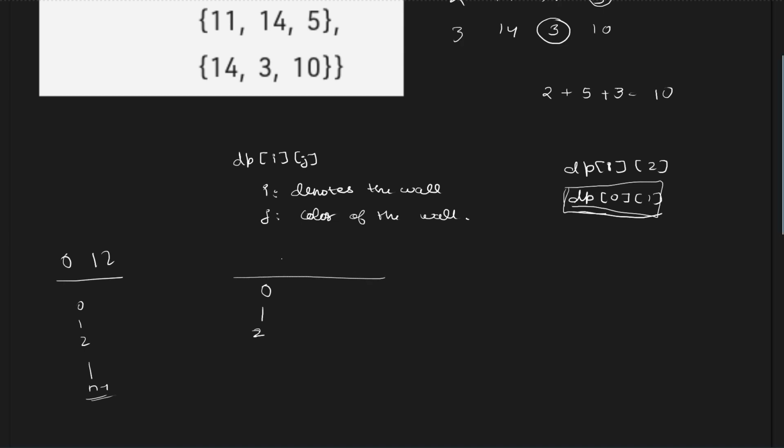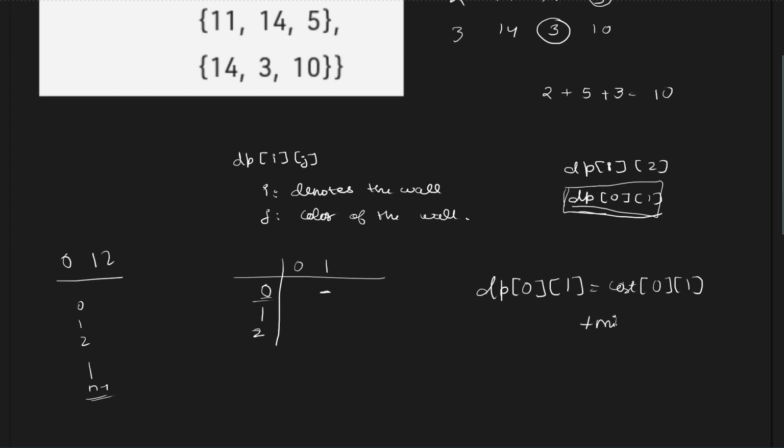Okay, so if I have these walls 0, 1 and 2, for example, if I decide to take color 1 for my 0th wall, now the answer would be stored at dp of 0, 1. What will be my answer? First of all, I'll have to consider the cost of coloring the 0th wall with the first color, right? So this will be my cost, which will definitely be added to my answer.